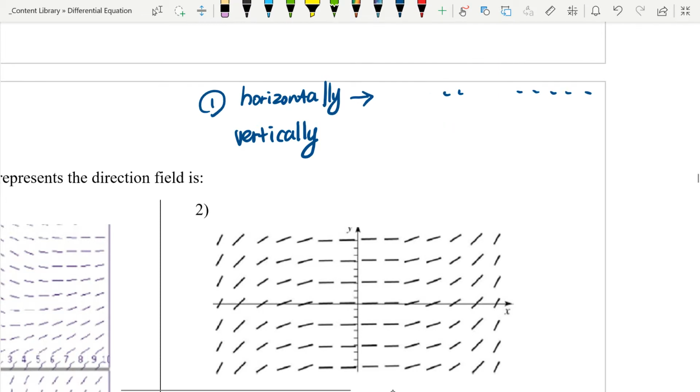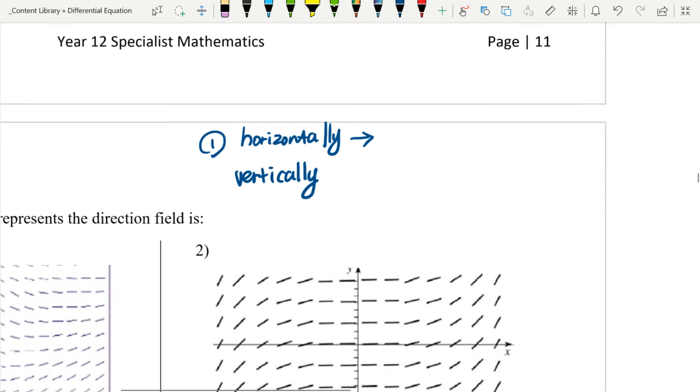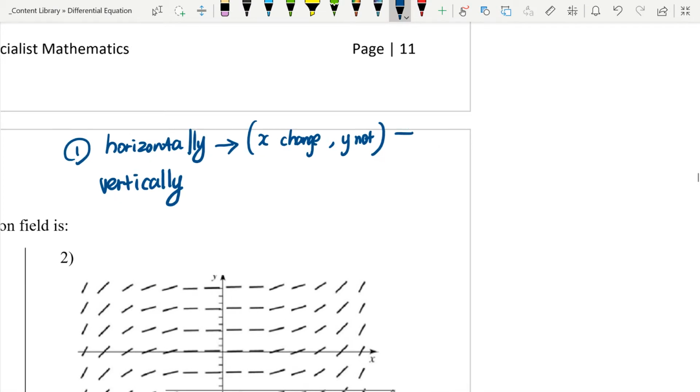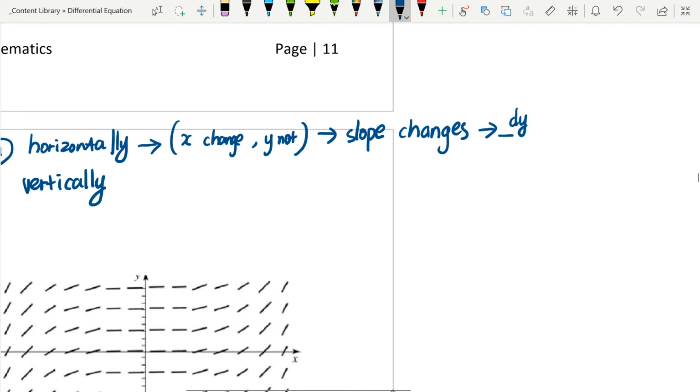So X is changing, Y is not. So if the slope changes on this horizontal line, it means dy/dx involves X.